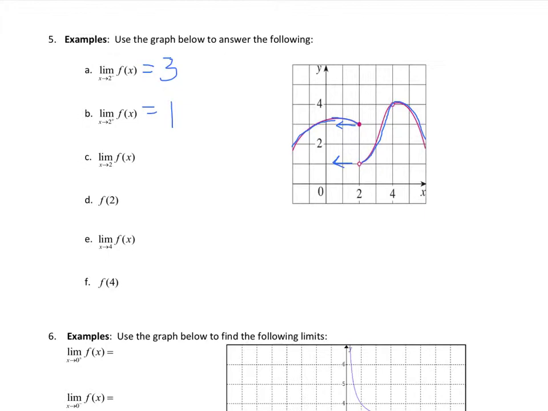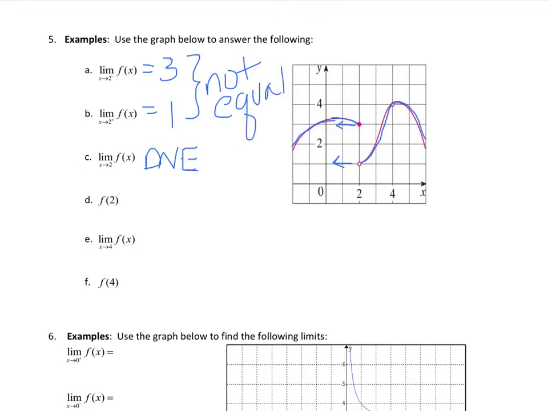So we can conclude that the limit as x approaches 2 of f of x does not exist, D and E, because the left and right hand limits are not equal. Okay, so that's really important to remember.